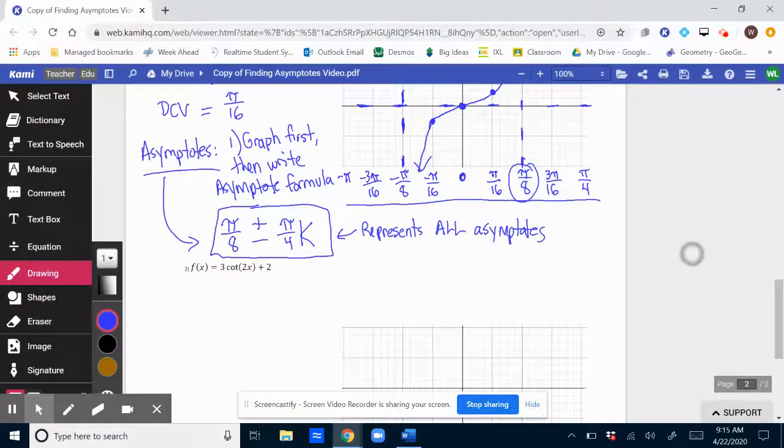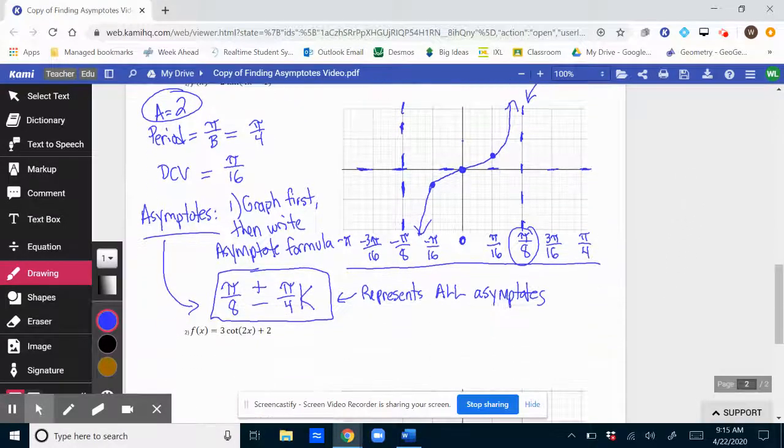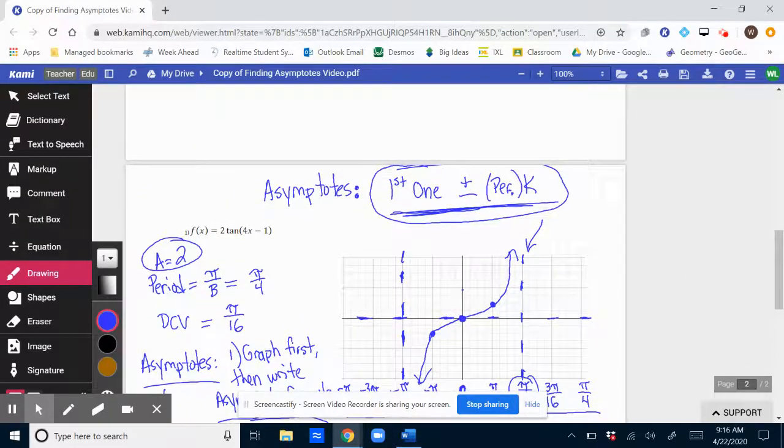Okay, so one more time. It's the first one plus or minus the period times k. All right, and what I'm going to add to that here is the first one is 2 DCVs away from 0.